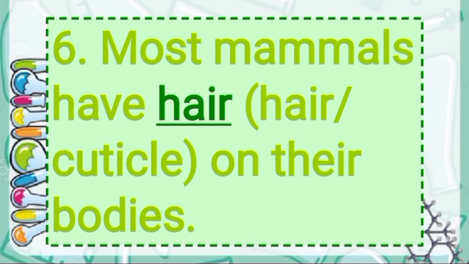So the question is, most mammals have dash on their bodies. Answer is, most mammals have hair on their bodies, like human beings, along with a dog, cat, lion, elephant, deer, cow, buffalo, hippopotamus, zebra, and rabbit.